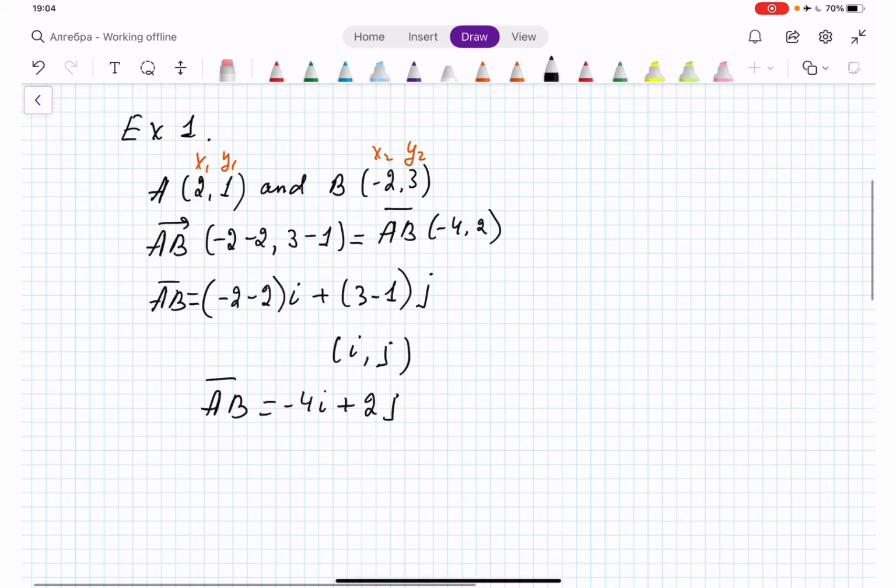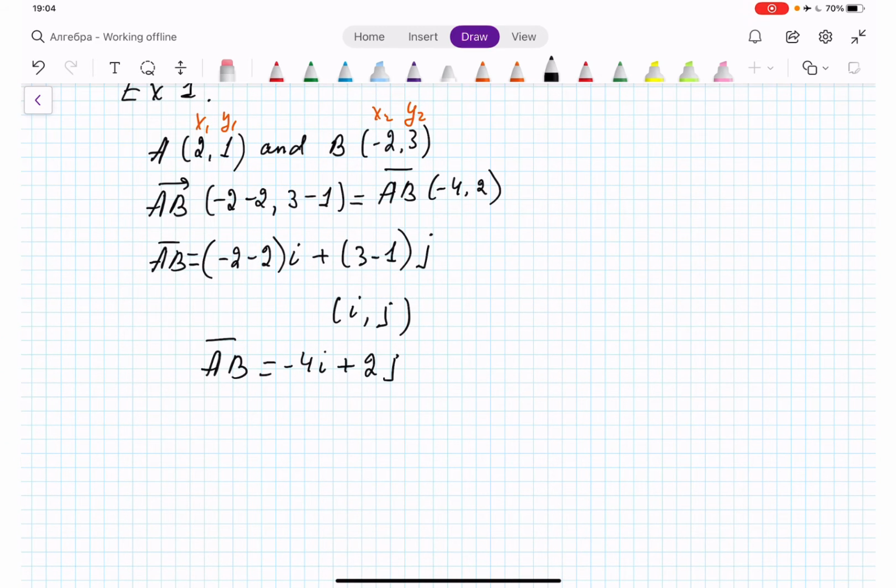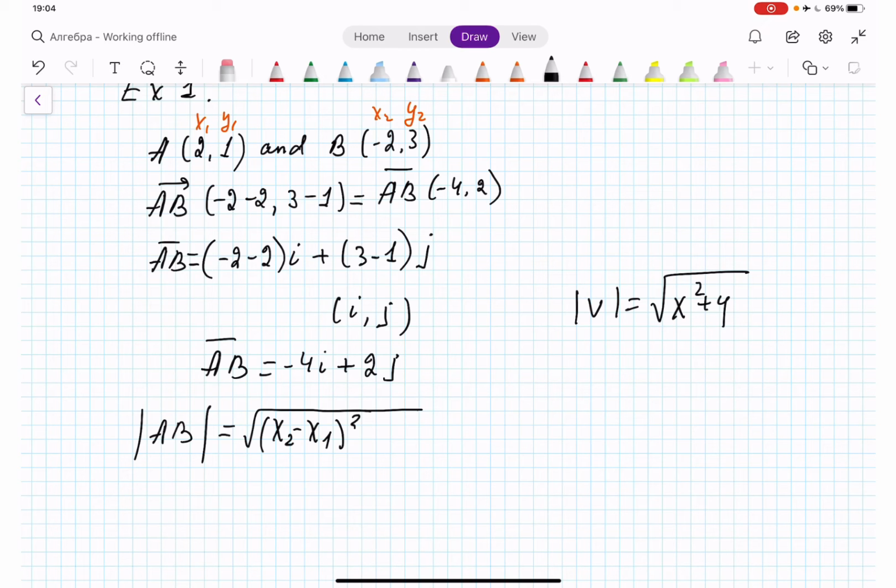Okay, now how to find the length of a line segment, or the length of a vector? The length of vector AB, which we call magnitude, is equal to the square root of x2 minus x1 squared. Remember, we learned at the beginning, when we started vectors, that the length of vector v is the square root of x squared plus y squared, right?